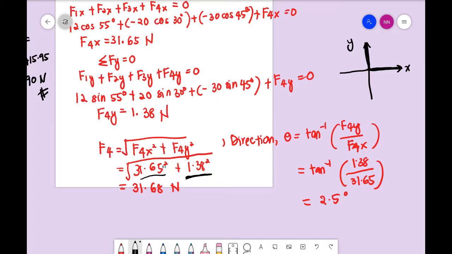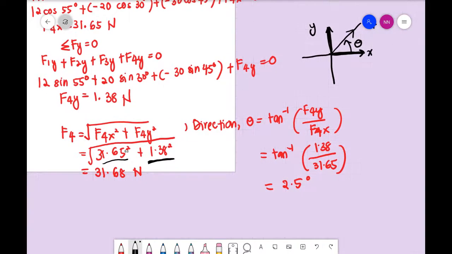So the F4 is in the first quadrant. This is the F4. Therefore the reference line is always the x-axis, so the theta here is 2.5 degree above the positive x-axis.